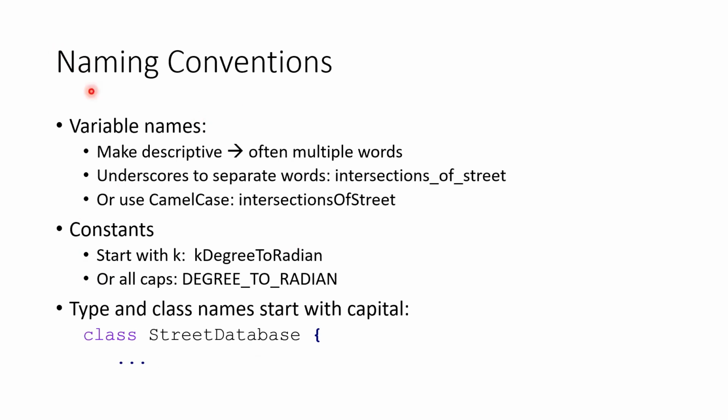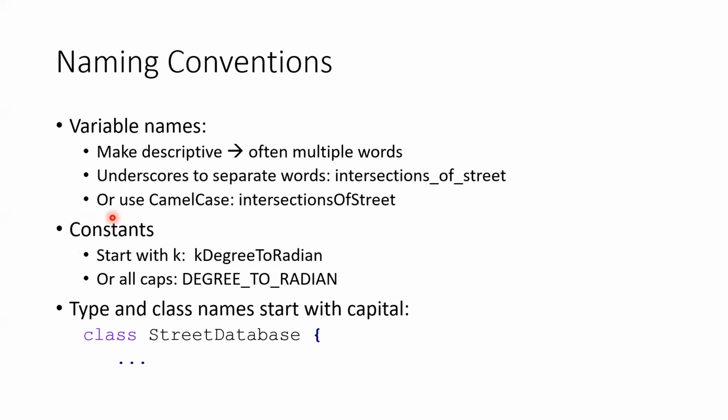Here are just the naming conventions that we want. First, the variable names need to be descriptive, and there are 2 choices for you to make. One is to use underscores to separate words, and one is to use camel case. But do not mix them. If you mix them, it's bad practice.